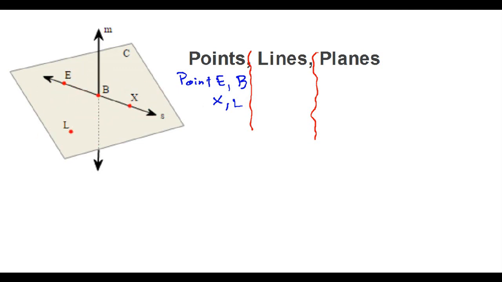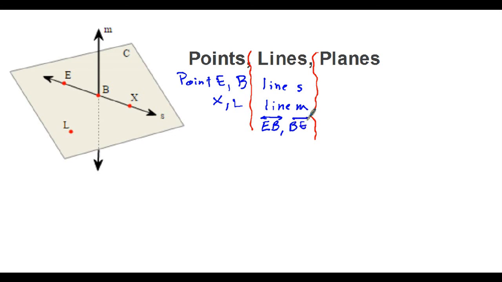For lines, we can use line S right here. We can use the line M, the one that's going up and down, so that'll be line M. And we can also use two capital letters, EB, and then draw the little line symbol with arrows showing that it's line EB, or you can call it BE.